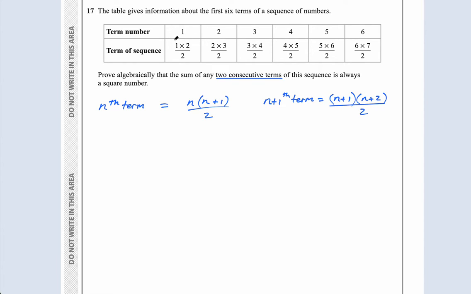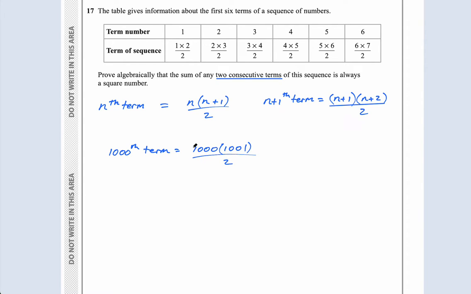Let me try and explain that again. For each term, we multiply whatever the term number is by the next one and divide by 2. For example, the 1000th term would be 1000 times 1001 over 2.